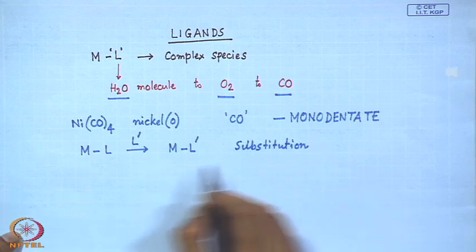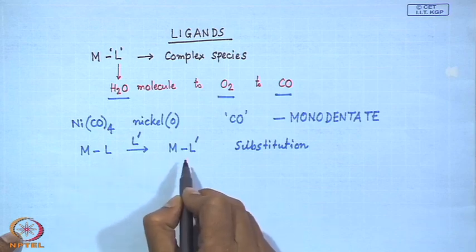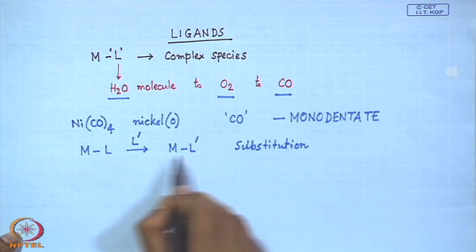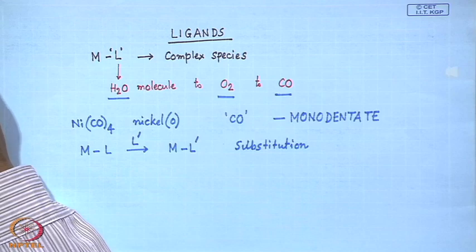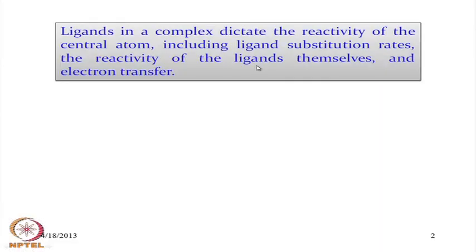In some other cases, not only the substitution, but also the electron transfer is guided by the nature of the ligand attached to the metal center. Then there is the reactivity of the ligands themselves. Sometimes a big organic molecule is attached to the metal center, and if the metal is performing some catalytic role, we can perform some reaction on this bound ligand.